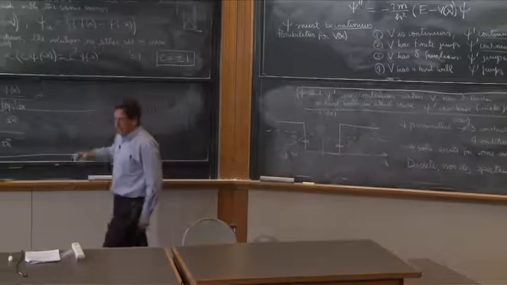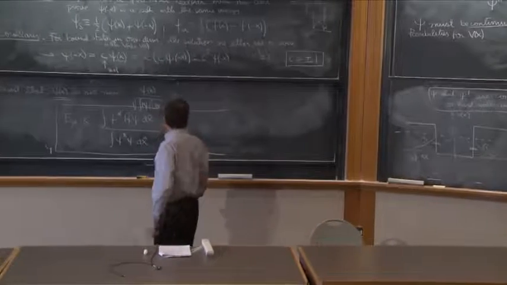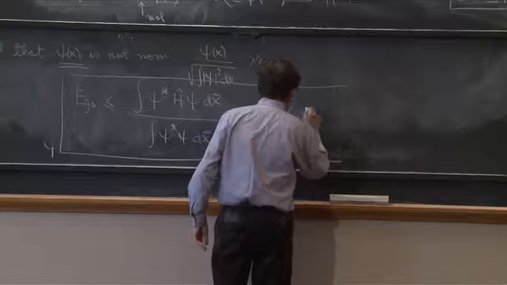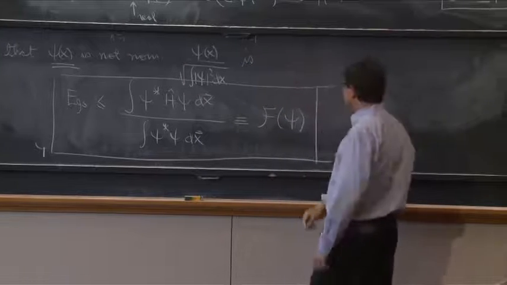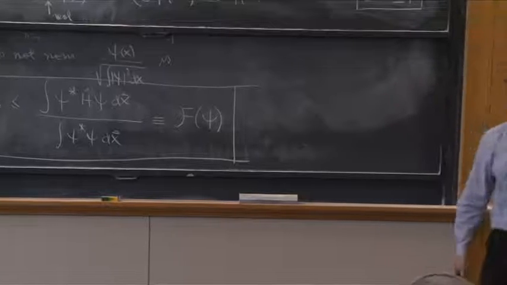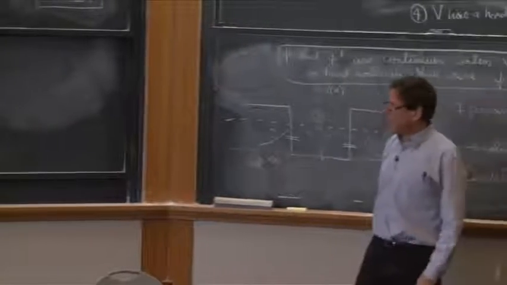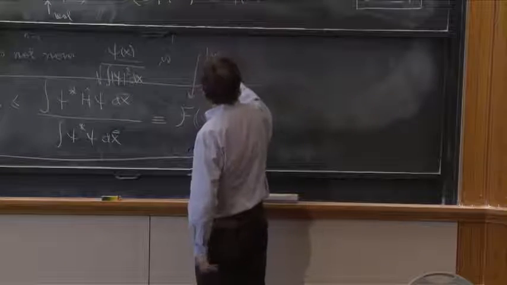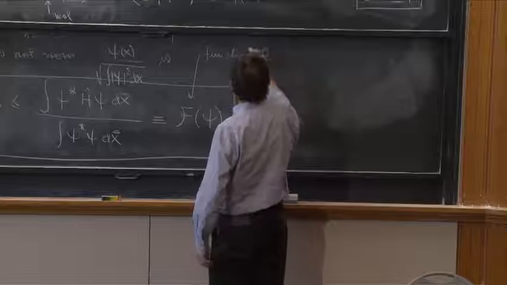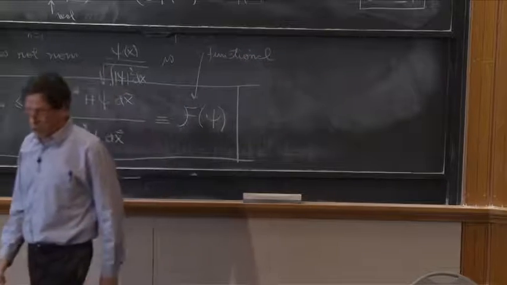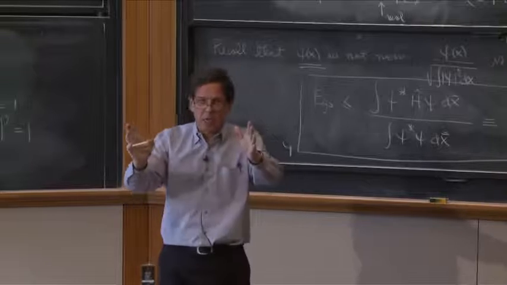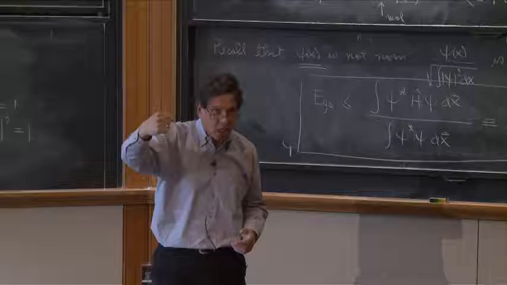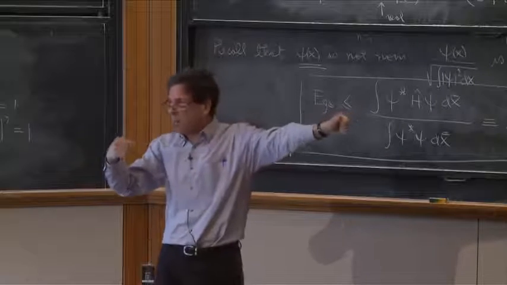So here you got, and here let me introduce just a little name, F of psi. F of psi is what is called a functional. What is a functional? A functional is a machine or an expression whose input is a function and whose output is a number.